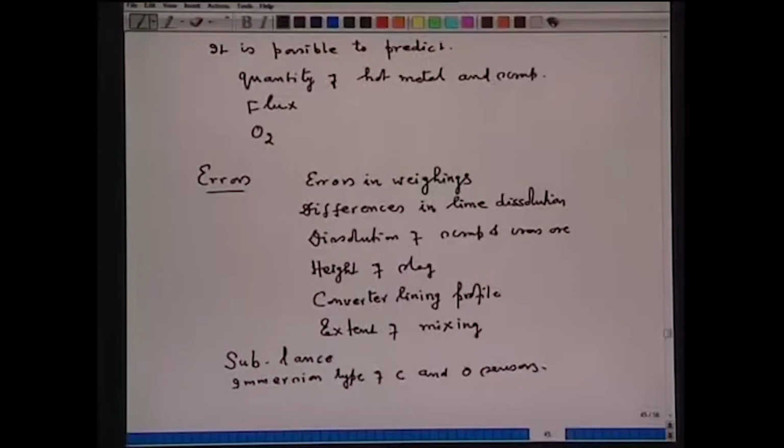So, this type of control where we utilize the data from the sub-lance and then partly we use the computer, that is called a semi-dynamic control. We have seen that the static model has limitation. Therefore, we go for the so called semi-dynamic control model.